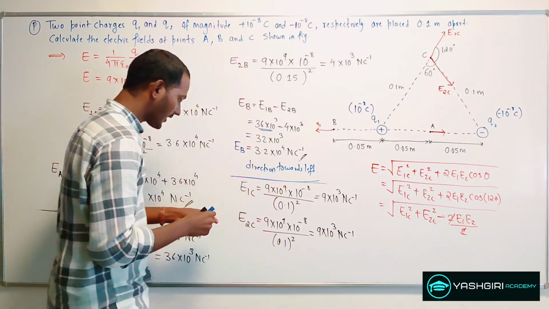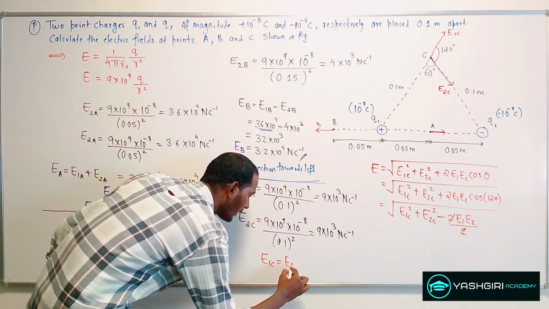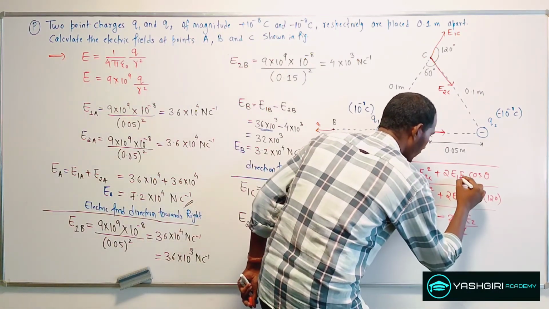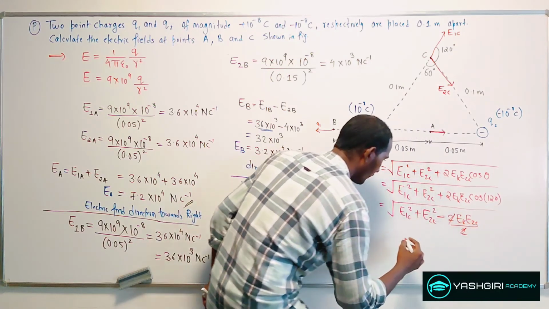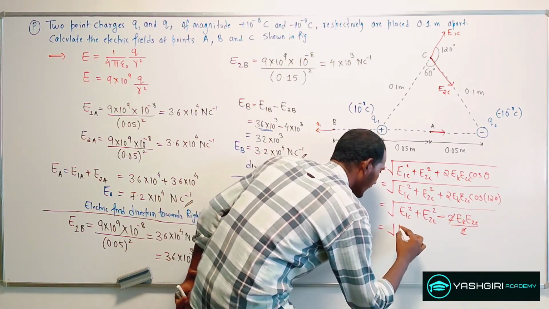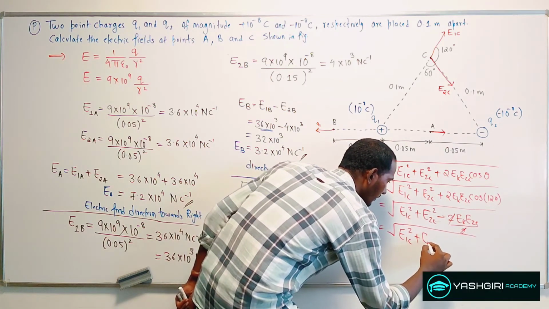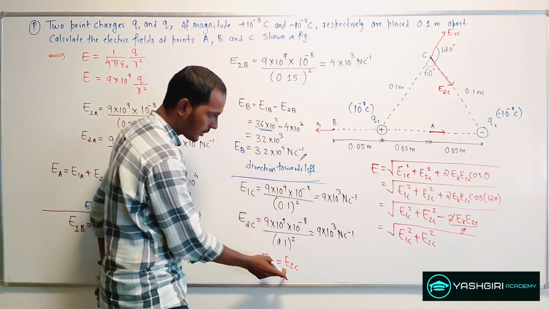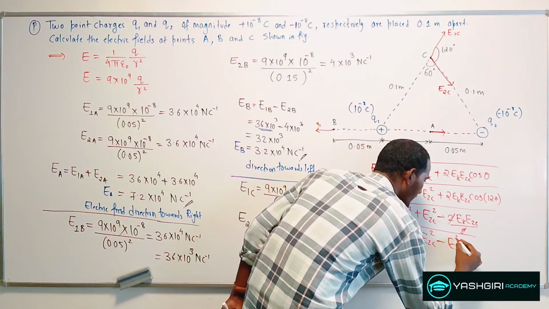And from this expression, what I know is E1C is equal to E2C. So from this expression, I can get E1C square plus E2C square, and using E1C equal to E2C, I can write this as E2C square.